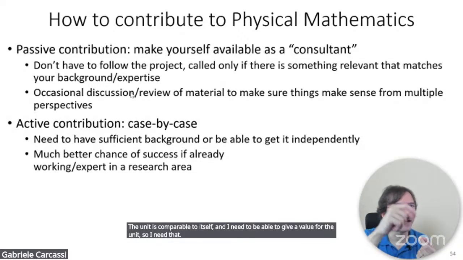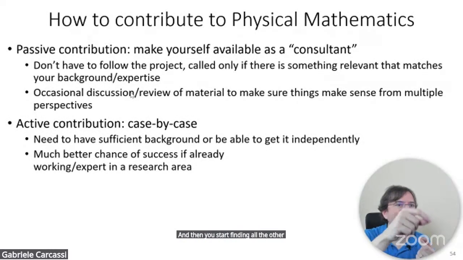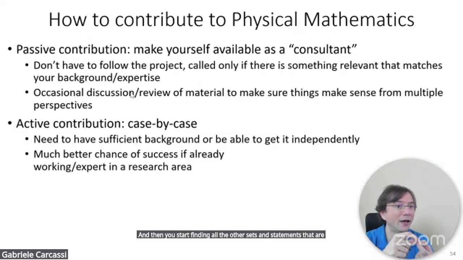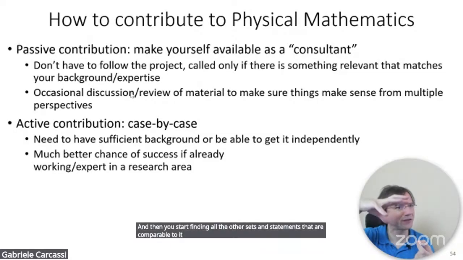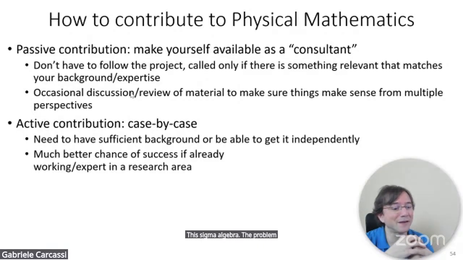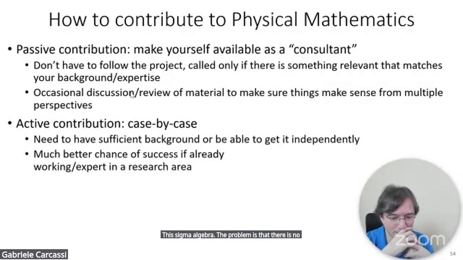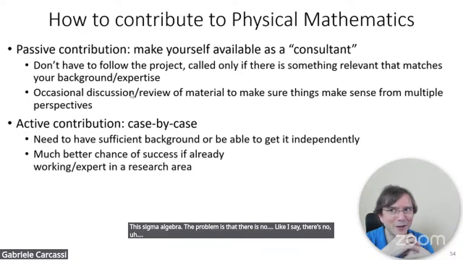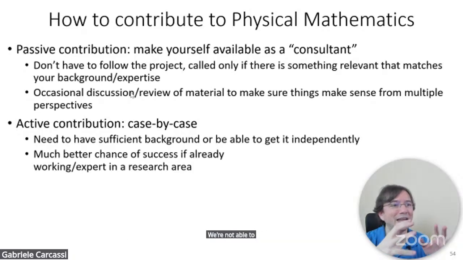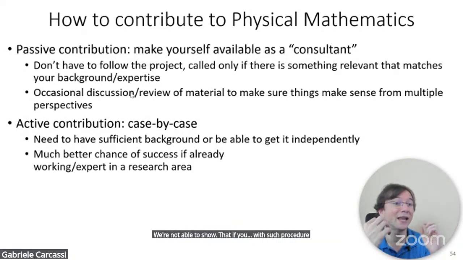Then you start finding all the other sets and statements that are comparable to it, and then you can grow this sigma algebra. The problem is that we're not able to show that with such a procedure you would get a unique sigma algebra.